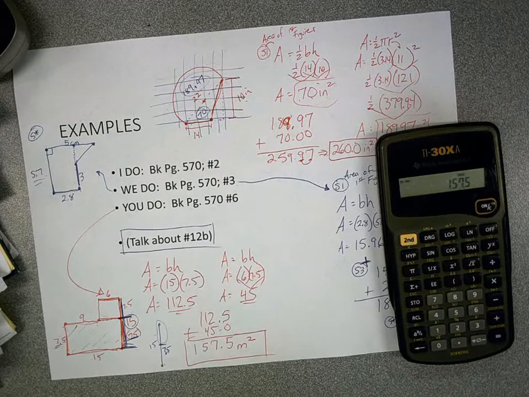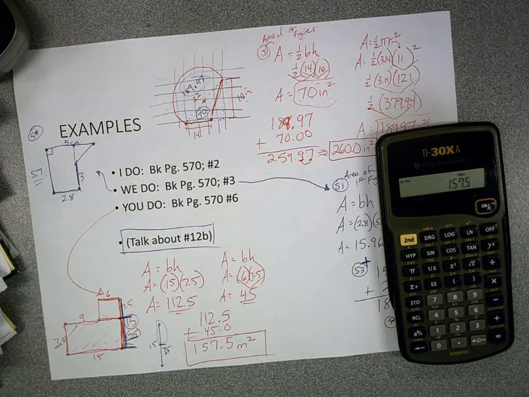But then B says a pool cover costs $1.70 per square foot. How much would it cost to cover the pool? So how would we figure that out? You take the area of the pool, which is the square footage of the pool, and you multiply it by the $1.70.